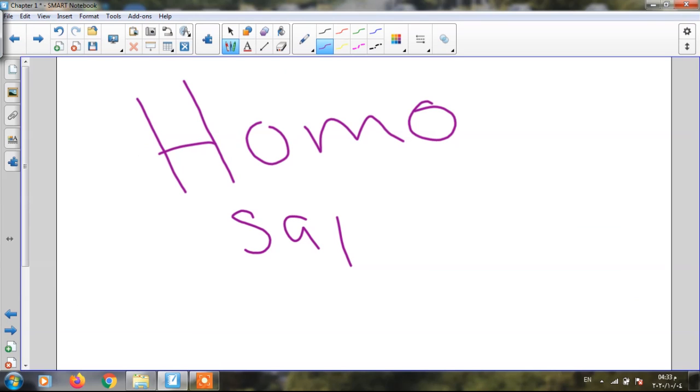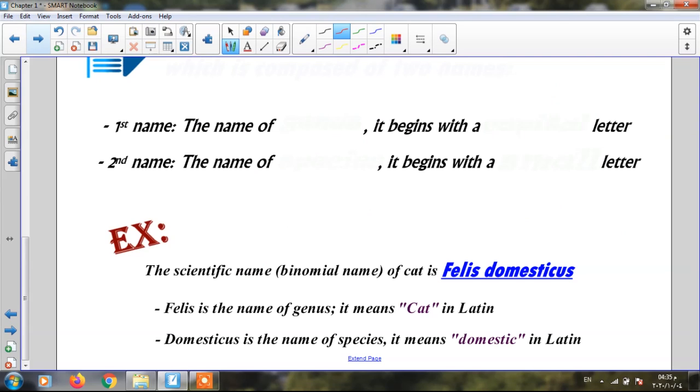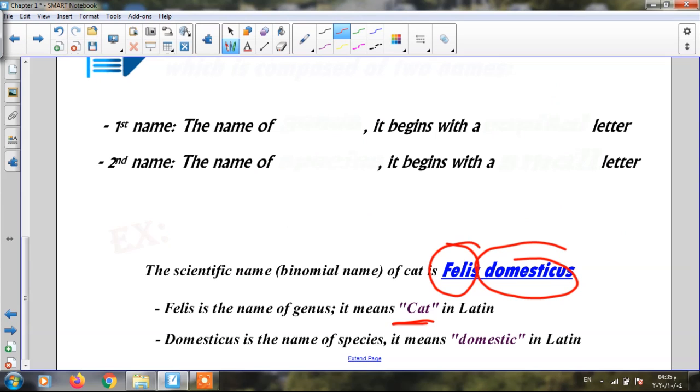And as we said before, the first one represents the genus and starts with a capital letter, and the second one represents the species and starts with a small letter. Another example, the scientific name or binomial name of the cat is Felis domesticus. Felis is the name of the genus, it means cat in Latin. Domesticus is the name of the species and it means domestic in Latin.